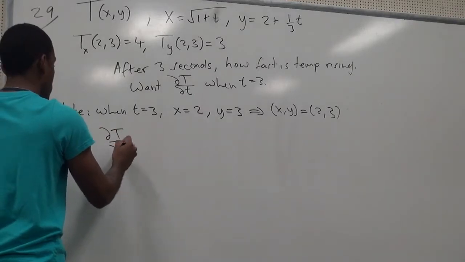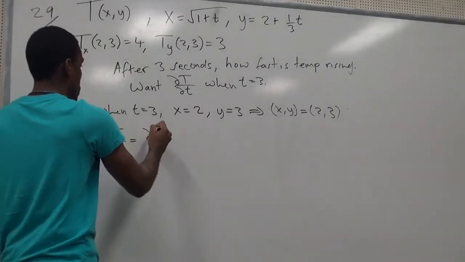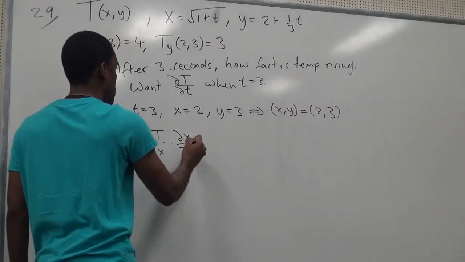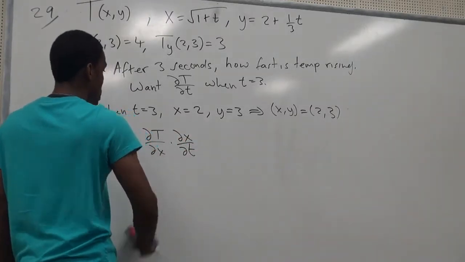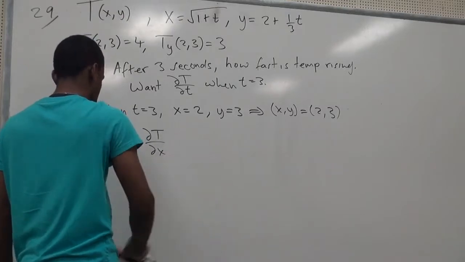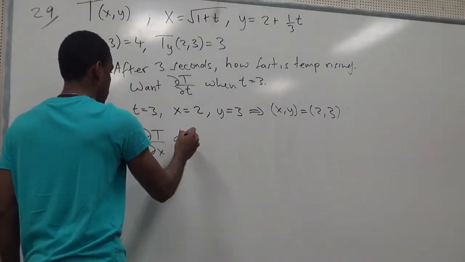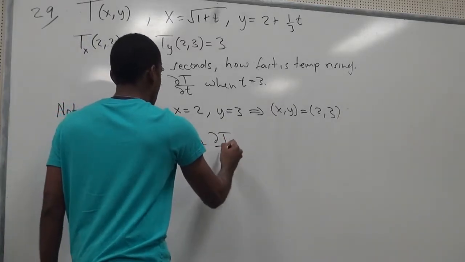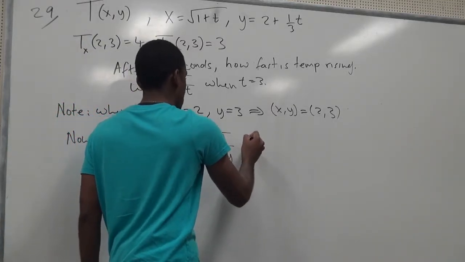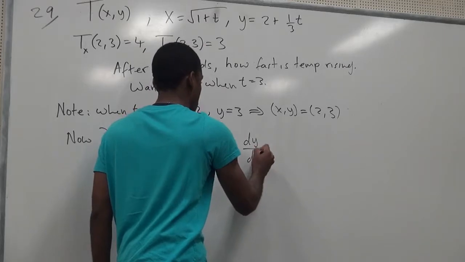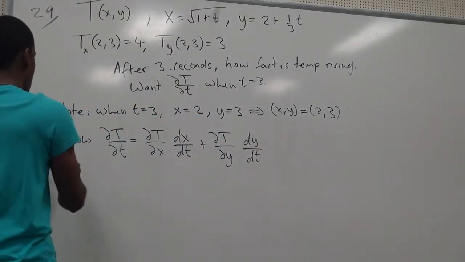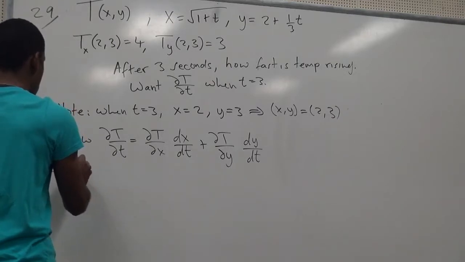Now, the derivative of T with respect to t is going to be the partial of T with respect to x times dx/dt, plus the partial with respect to y times dy/dt. Well, x and y are single variable functions, so we can put these here. This implies t equals 3.